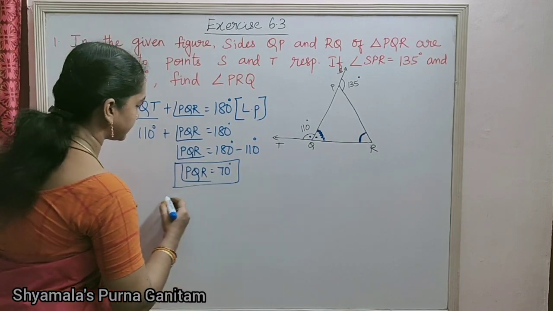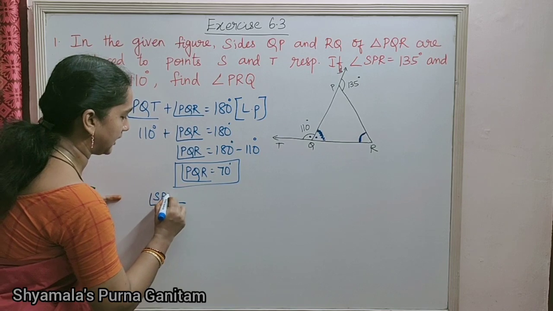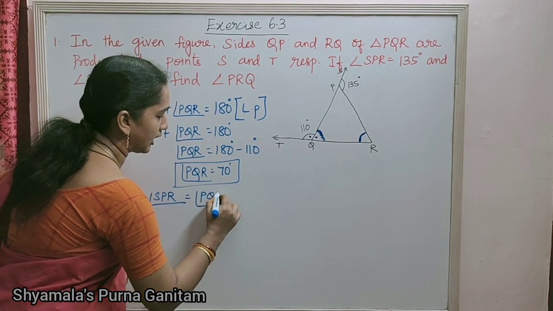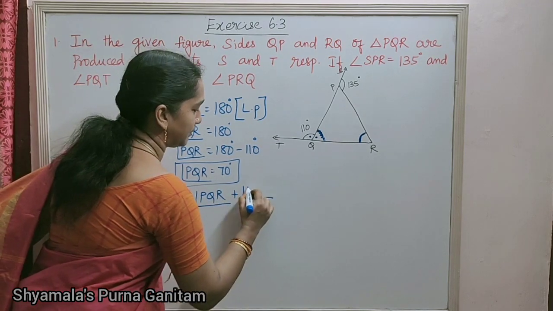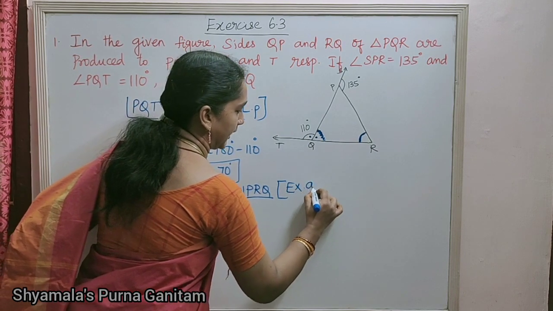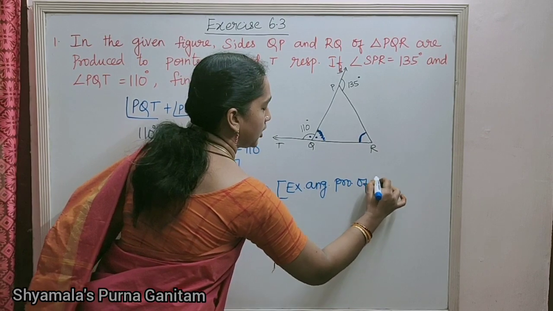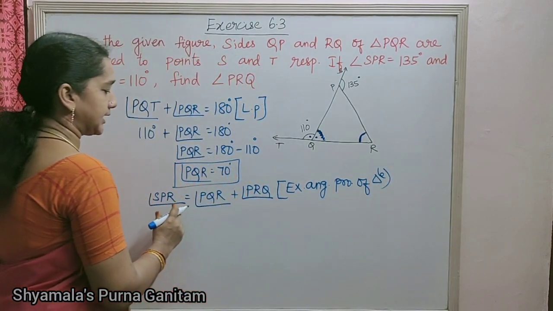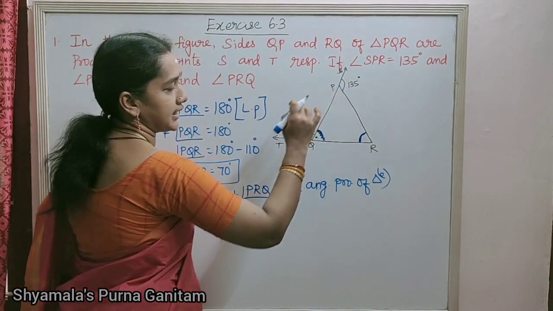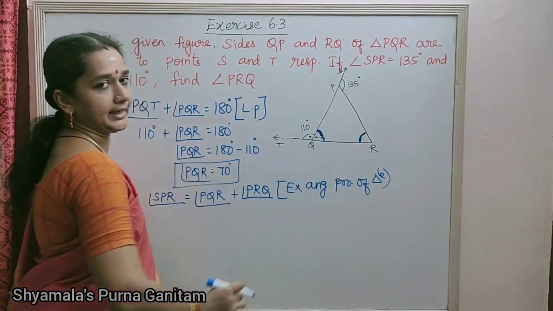Okay, then angle SPR is equal to angle PQR plus angle PRQ, by the exterior angle property of triangle. So exterior angle is equal to the sum of the opposite interior angles. So this is the exterior angle of the triangle, and these two form the opposite interior angles.